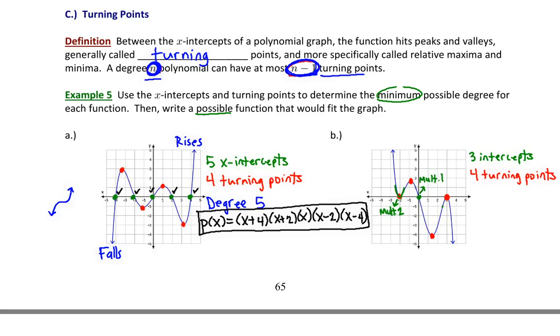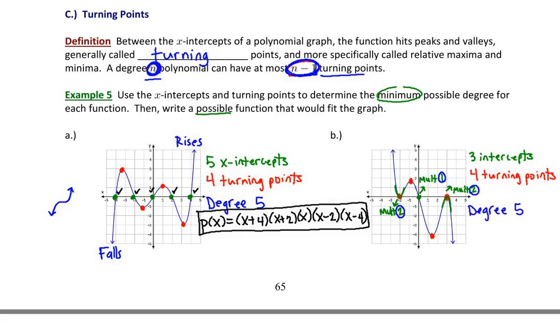And again, this one bounces on the x-axis, so I would anticipate multiplicity of 2. So with multiplicity considered, this would have degree 2 on its factor, degree 1, and degree 2. So 2 plus 2 plus 1 gives me degree 5.